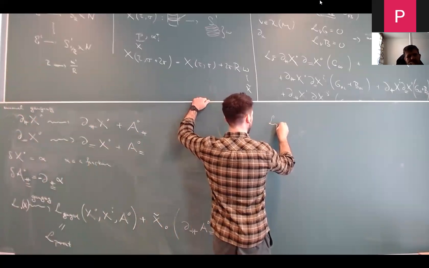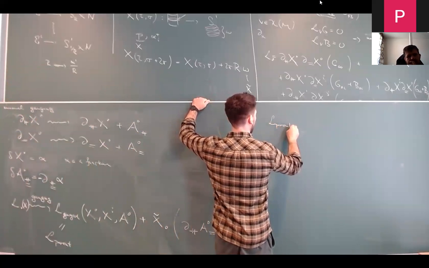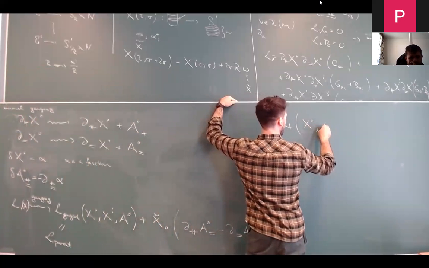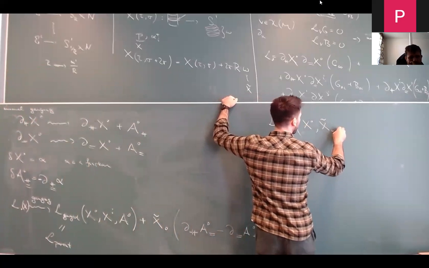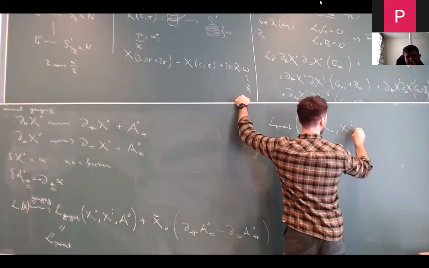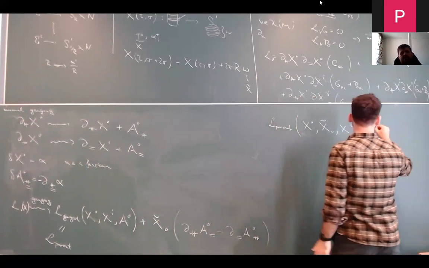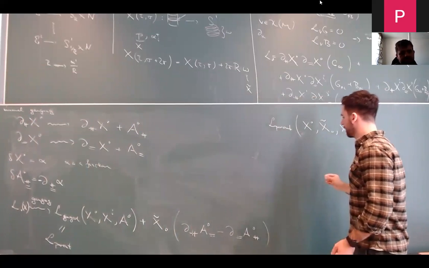So I have the parent, which depends on x naught, x tilde naught (the dual), xi, and a naught.